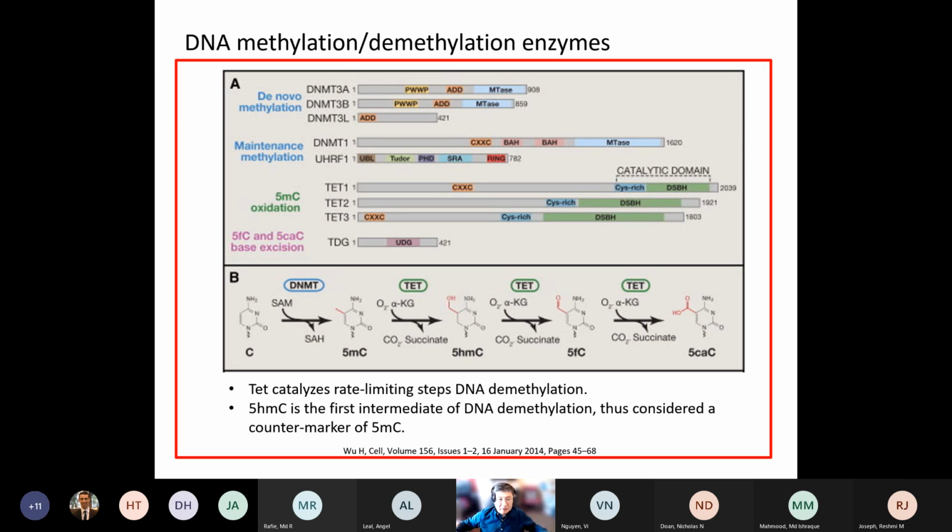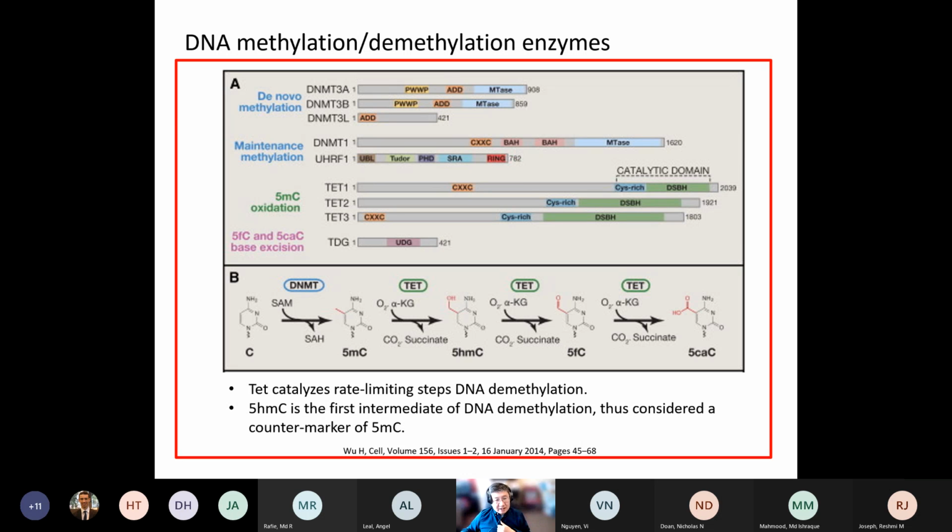It's called de novo, from not methylated to methylated. While some other methyltransferases perform the function of maintenance of methylation. That means the DNA is already methylated, and the enzyme just keeps that methylation status, so it won't get demethylated. So there are two kinds of enzymes for DNA methylation: one is de novo methylation, the other is maintenance of methylation.